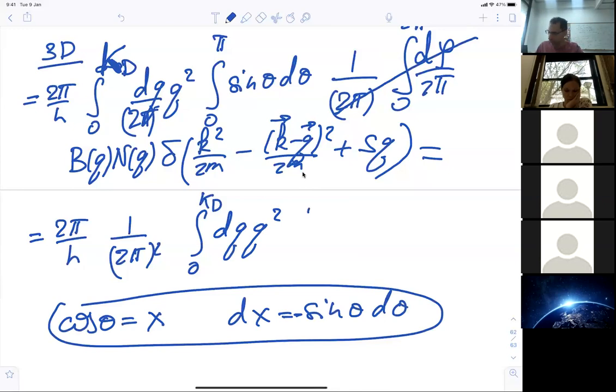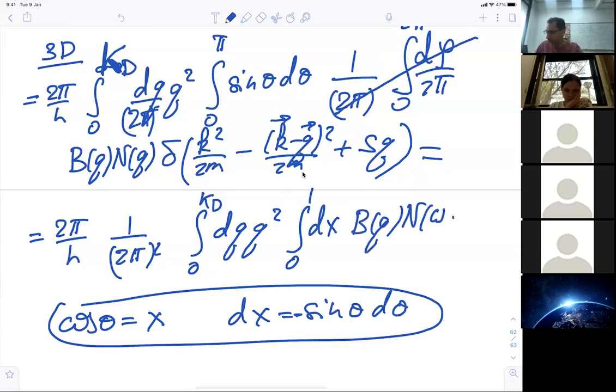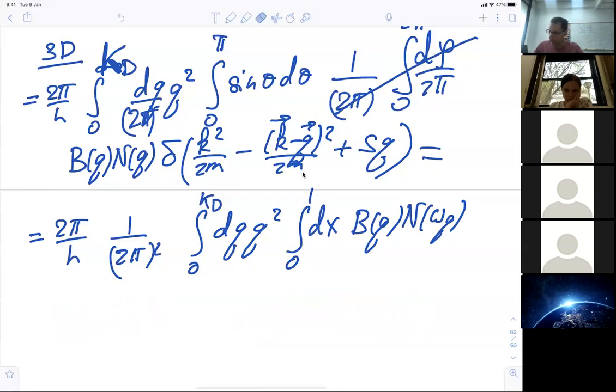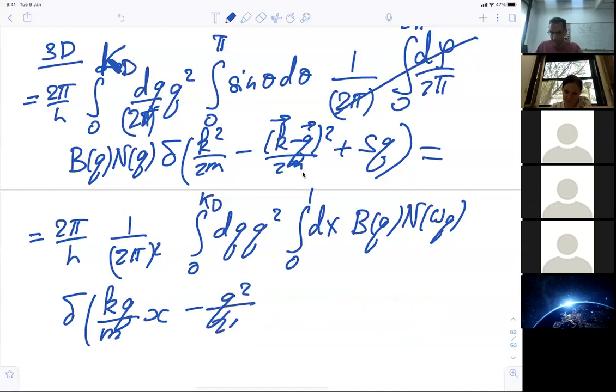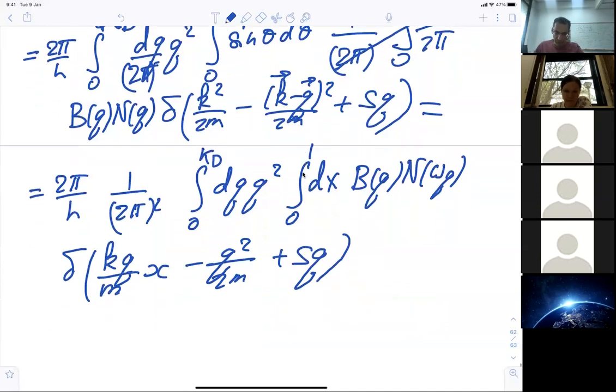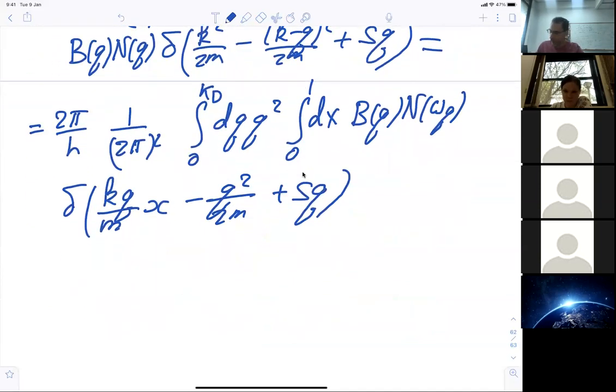So I have here an integral from 0 to 1 of dx, b q, N of omega q, times the delta function of k q over m times x minus q squared over 2m plus s q. Now I'm performing the integral with respect to x.